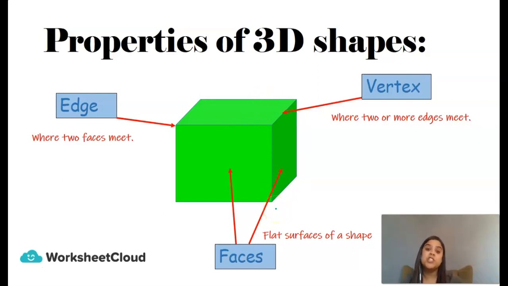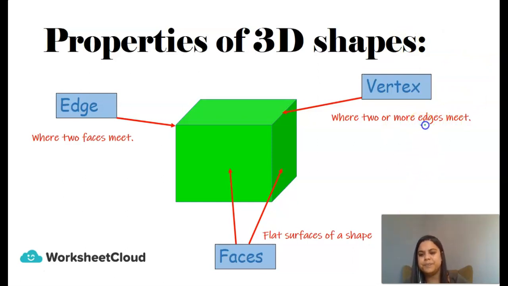But we also need to look at the properties of our 3D shapes. So, we have a vertex or vertices, which is now incorporated into the 3D shape. What is a vertex? It is where 2 or more edges meet. Now we're seeing a word we don't quite understand over here.